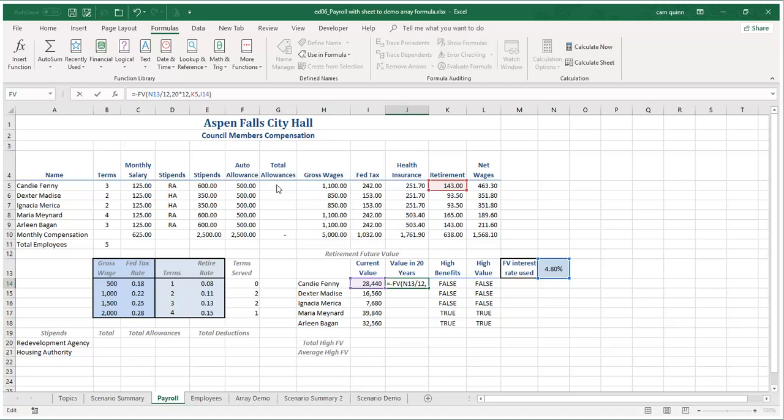If I want to take a positive number to a negative, I multiply it by negative 1. So what this is saying is that $143 a month for 20 years at 4.8%, starting at $28,000, is going to be worth $131,000 in 20 years.